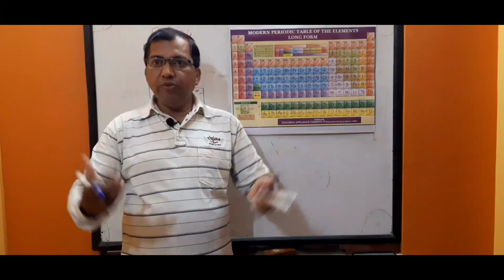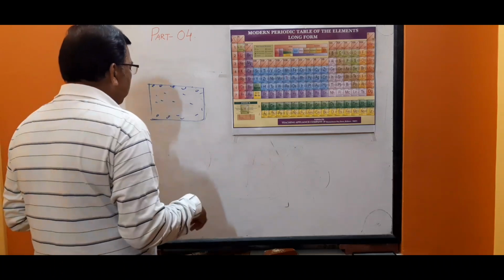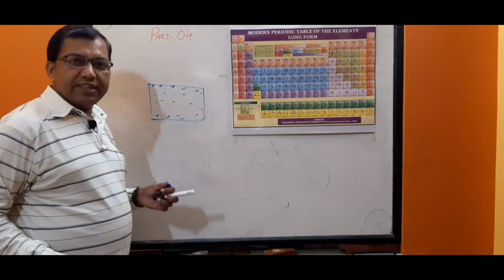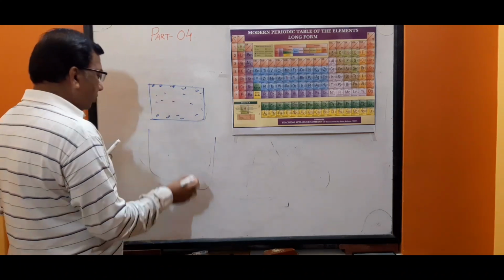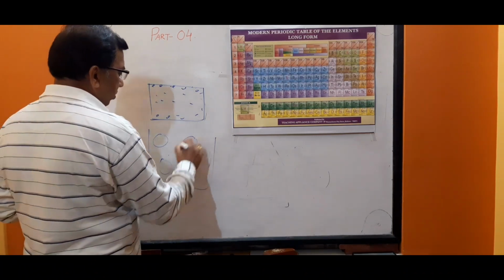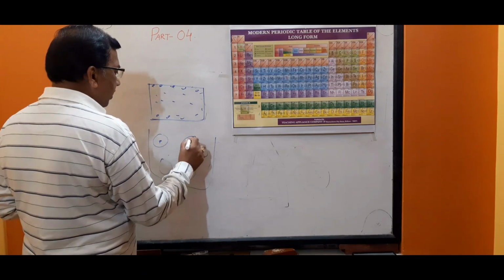They have a tendency to move here and there freely. So in this case, what will happen? Suppose it is a 3-dimensional structure. In the case of that metal, what we see is that the electron is moving.